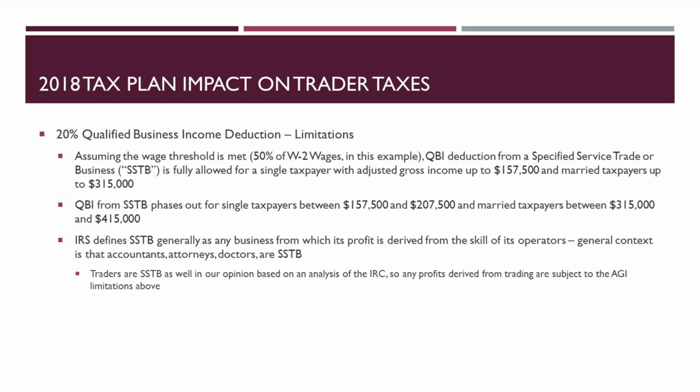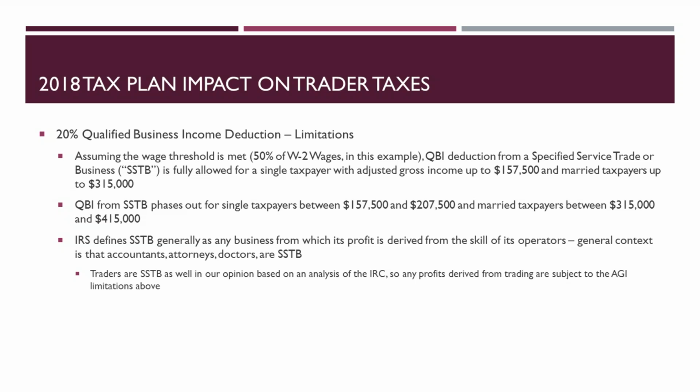However, if the single person's income goes above $157,500 up to $207,500, and if the married person's income goes from $315,000 to $415,000, there's a phase out that takes place which can completely eliminate the qualified business income deduction. Okay? And now this only takes place for these specified service, trades, or businesses.